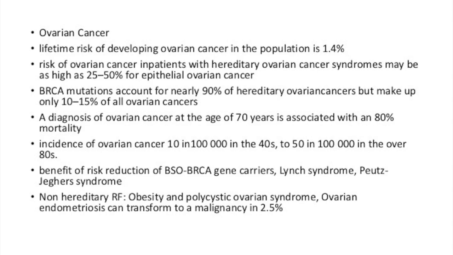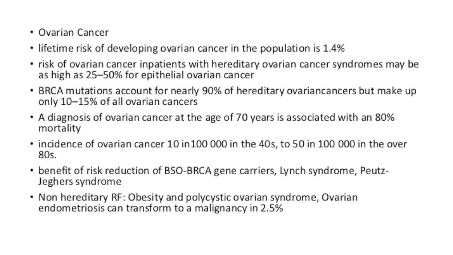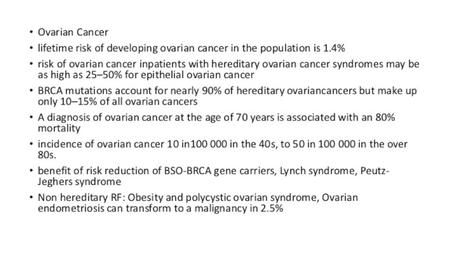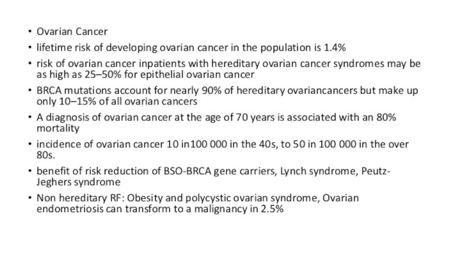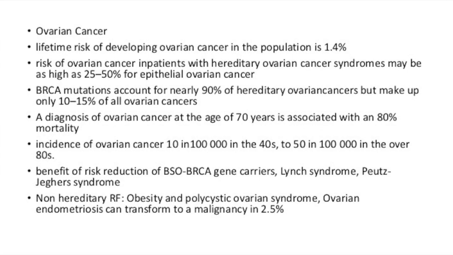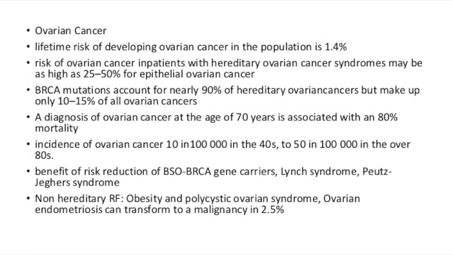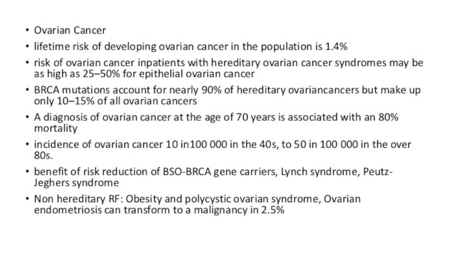Lifetime risk of developing ovarian cancer in the population is 1.4%. Risk of ovarian cancer in patients with hereditary ovarian cancer syndromes may be as high as 25 to 50% for epithelial ovarian cancers.